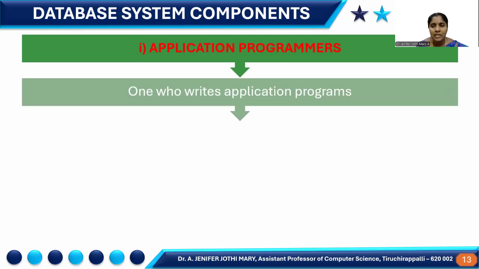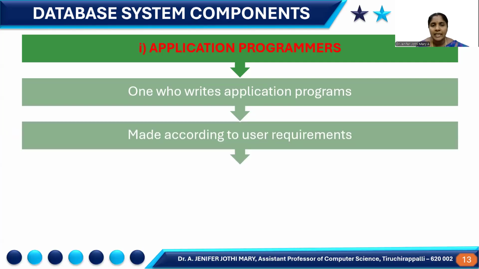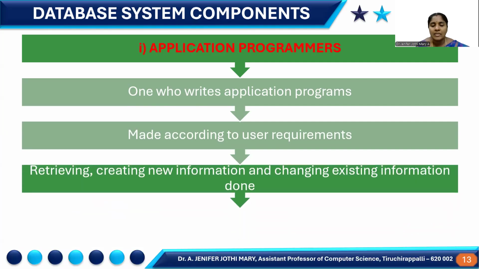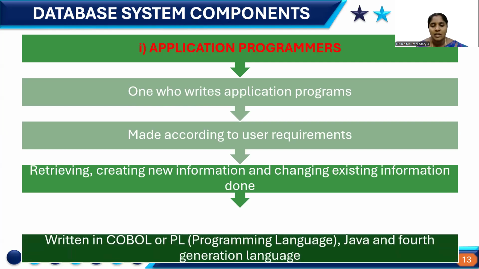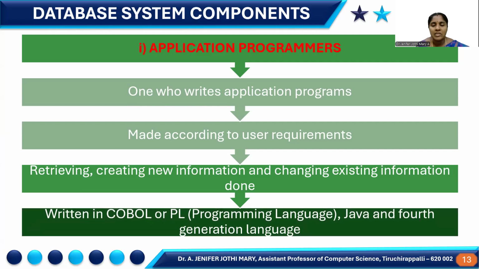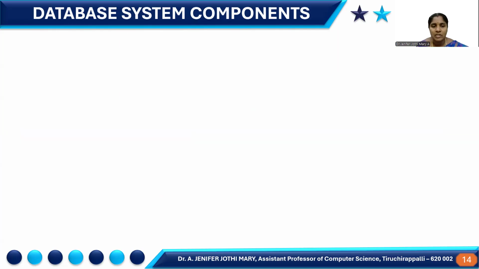One who writes the application program is termed an application programmer. Here they are made according to the user requirements. They are performing retrieving, creating new information and changing the existing information. And the programs are written in COBOL, Java and fourth generation languages.